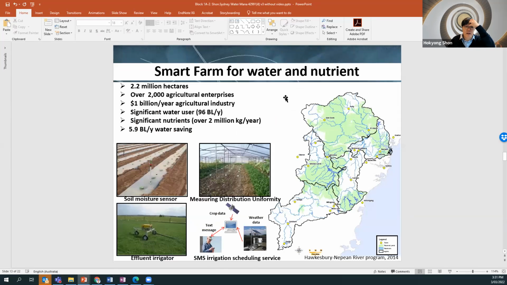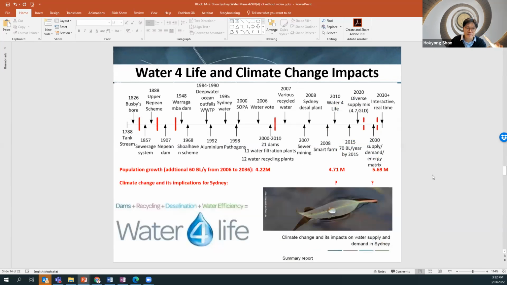That's how we created the seawater desalination plant. After that, we have utilized more smart water management to reduce the overall consumption of our river water and dam water, also water for life and climate change impact.